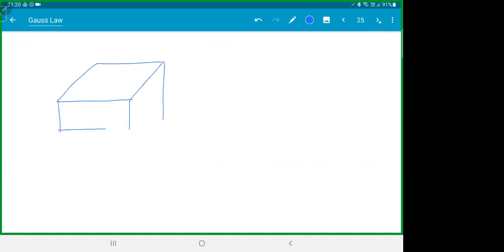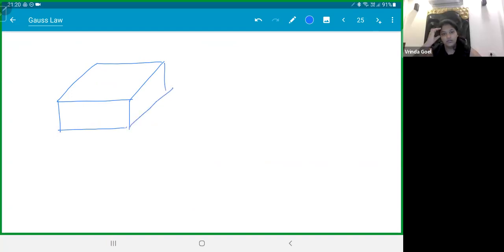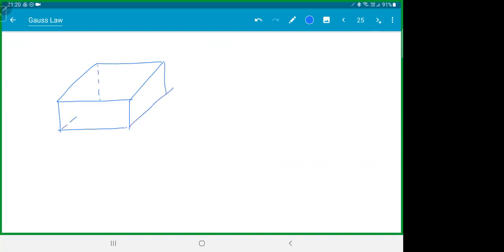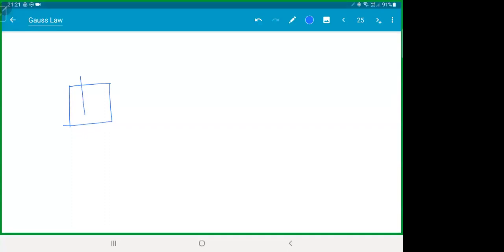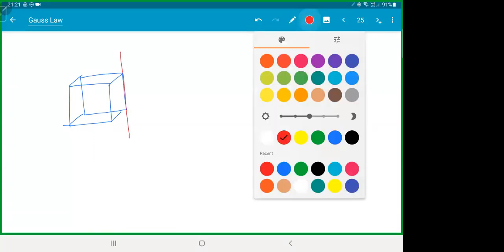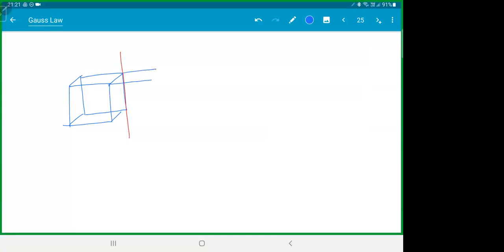If I make 4 cubes like this. Can we draw the diagonal? Diagonal is not there. Wait, I'll show you how. You have to always make a closed figure. So you want to make this a line charge, right? So I'll construct 3 more cubes.